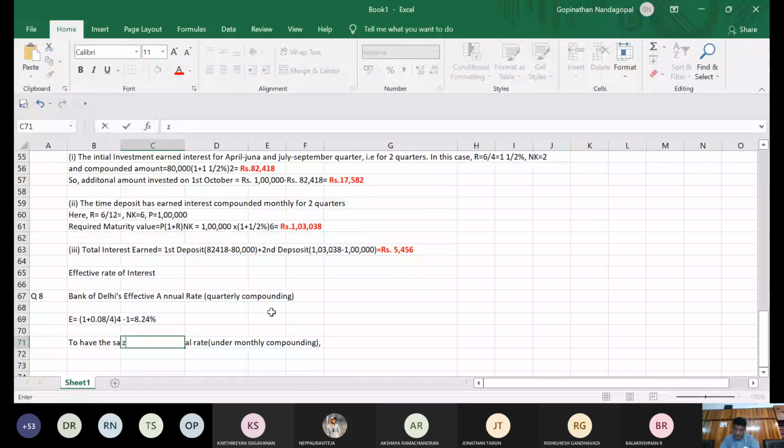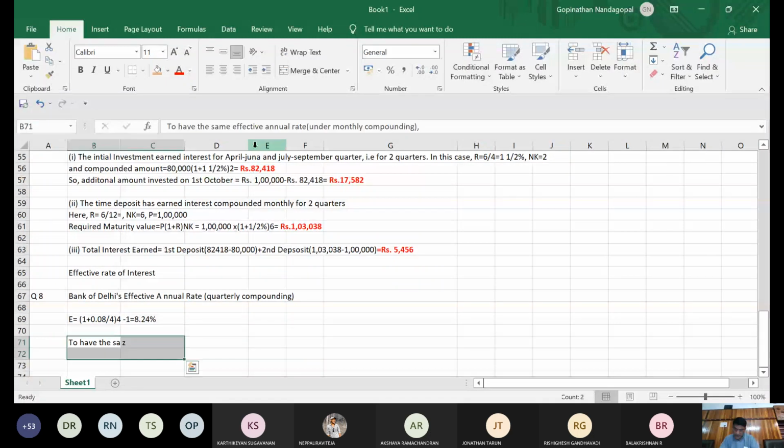To have the same effective annual rate under monthly compounding, the computation will be as under.